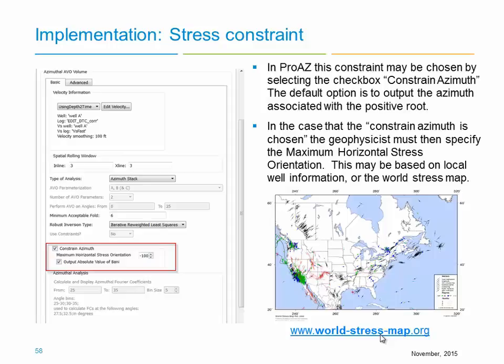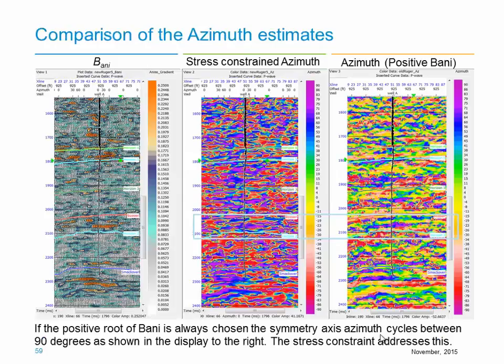From this information, we can constrain the orientation and choose the orientation which is closest to this dominant direction. And when we do that, we're going to allow the anisotropic gradient to be both positive and negative values.